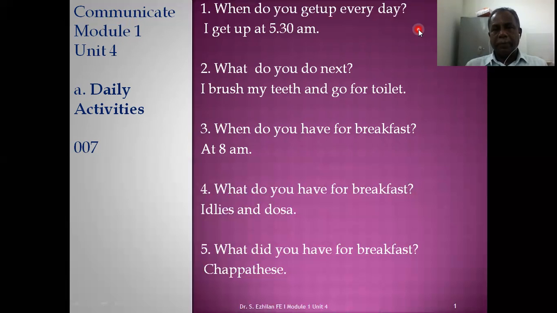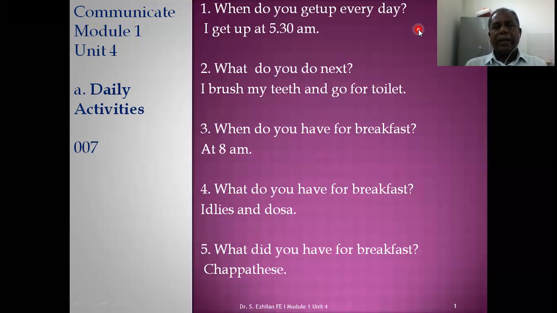So I get up at 5:30 a.m. If you get up at 6 a.m., then put your answer like this: I get up at 6 a.m. or 6 in the morning. So you can change the timing: 6, 6:30, 5:30, 5 o'clock, depending upon your routine. I repeat, same question: when do you get up every day?